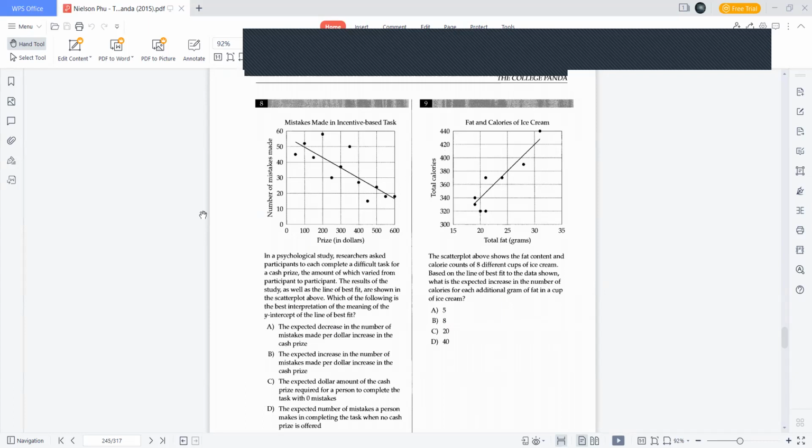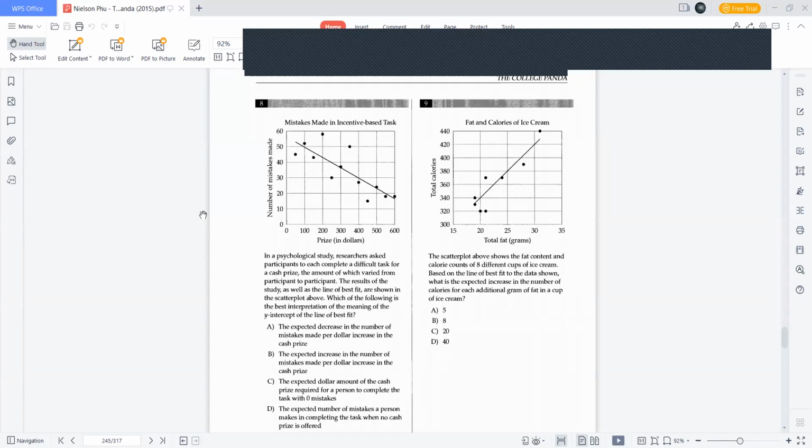Okay, so when you're being asked about y-intercepts, anything with per or for every is out, because the y-intercept means what is going on at 0, right? So A and B are relating to rates, and the y-intercept has nothing to do with rates.